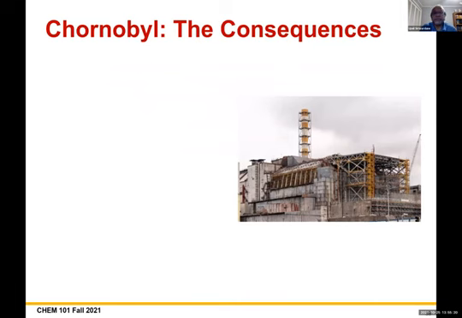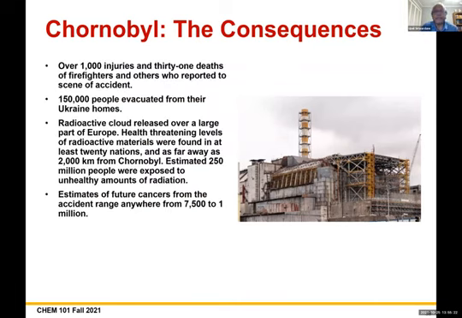As a consequence of the Chernobyl accident, there were over 1,000 injuries and 31 deaths of firefighters who reported to the scene of the accident. 150,000 people in the neighboring area were evacuated.